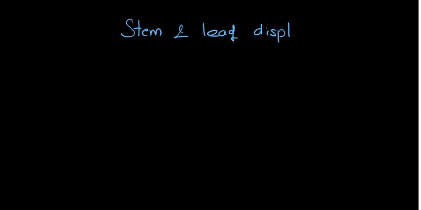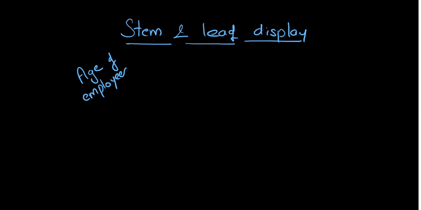So for plotting a stem and leaf display, I require some data points and I need some observations. In this case, I got these observations, something like age of employees in a particular organization.